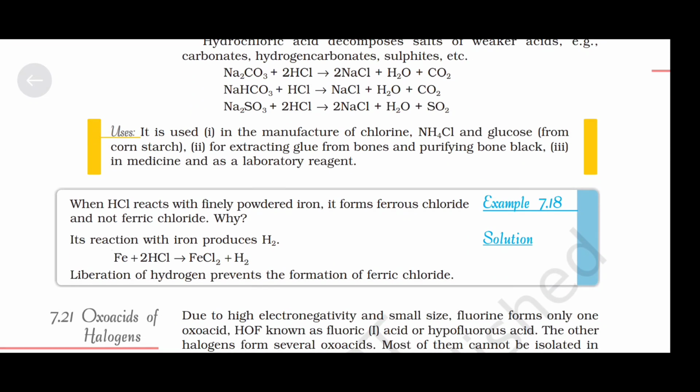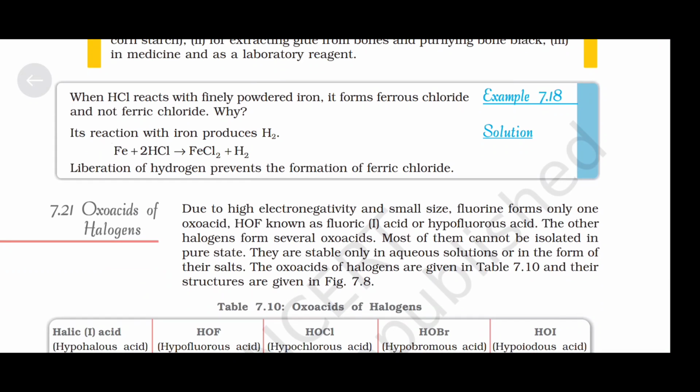Uses. It is used in the manufacture of chlorine, ammonium chloride and glucose from cornstarch, for extracting glue from bones and purifying bone black, in medicine and as a laboratory reagent. Example 7.18.